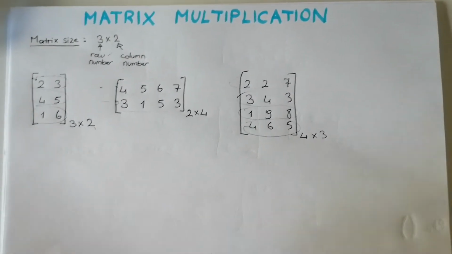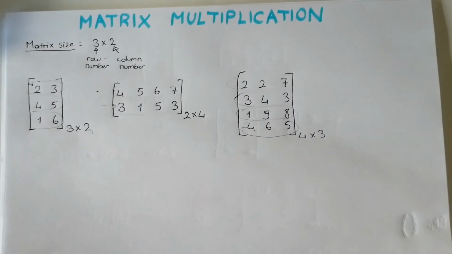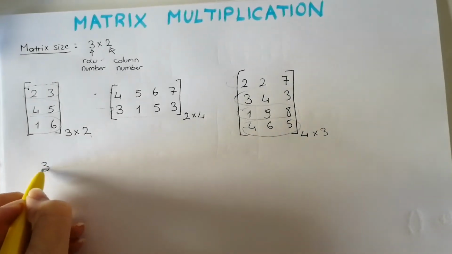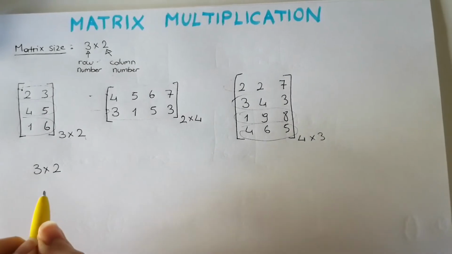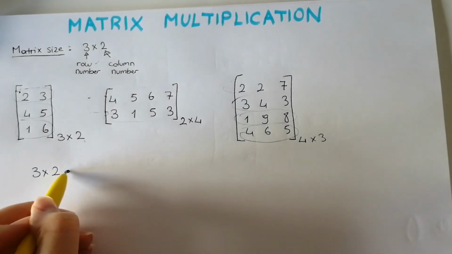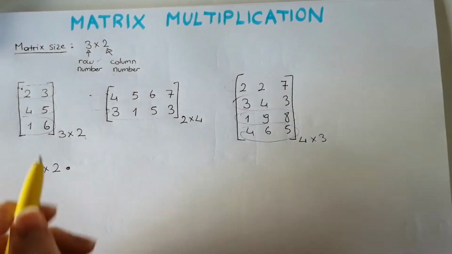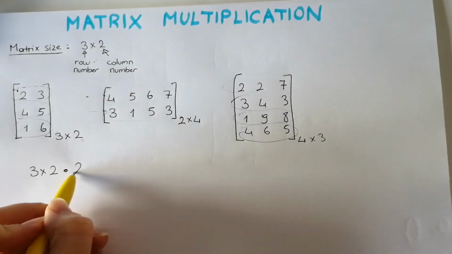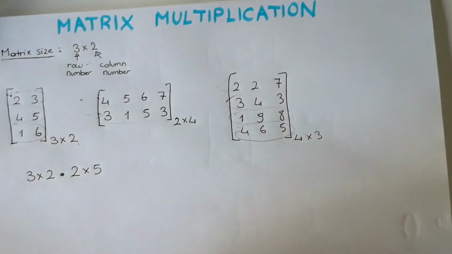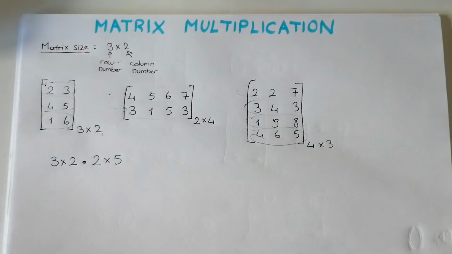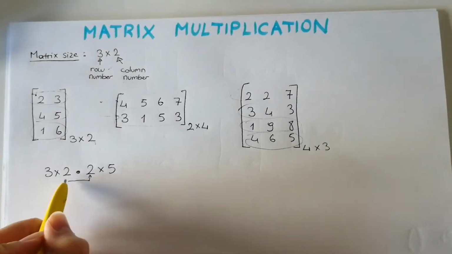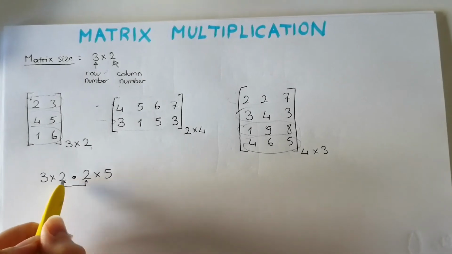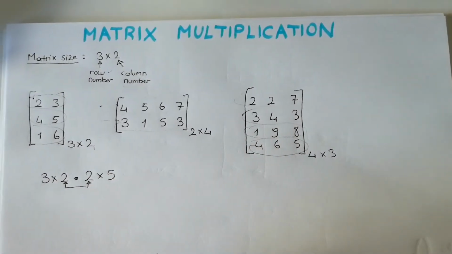So when are we able to multiply two matrices? For example, we can multiply a 3 by 2 matrix by a 2 by 5 matrix. The only rule is that these numbers inside should have the same value.